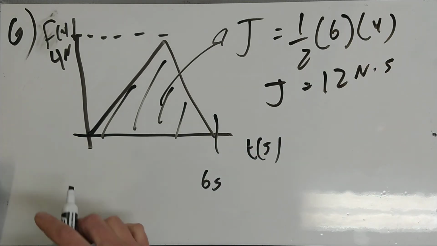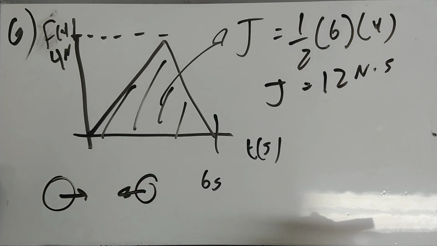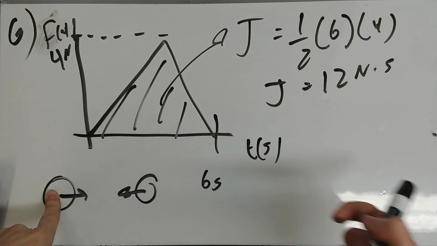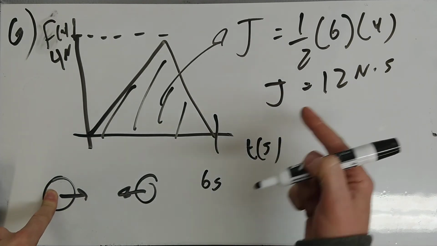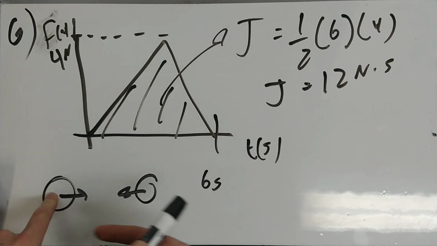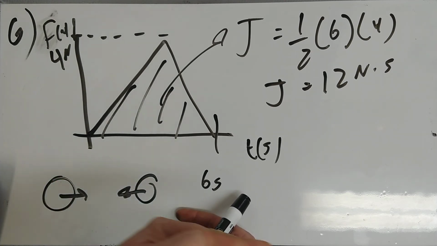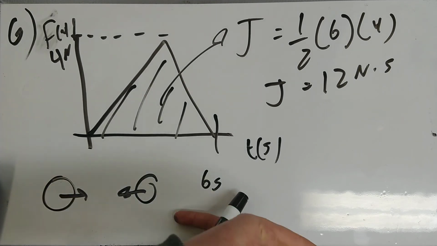Now, it says it's a head-on collision between 2 objects. When 2 objects collide head-on, they apply an equal and opposite force to one another. If we look at the object on the left, it's going to get hit with a negative force, to the left, so its impulse is going to be negative. The one on the right gets hit by the incoming ball to push it to the right in the positive direction, so its impulse is going to be positive.